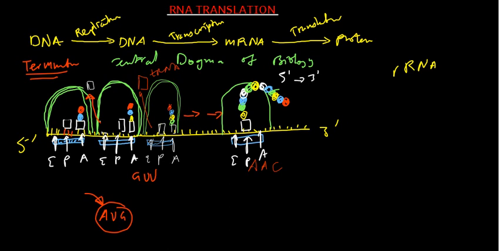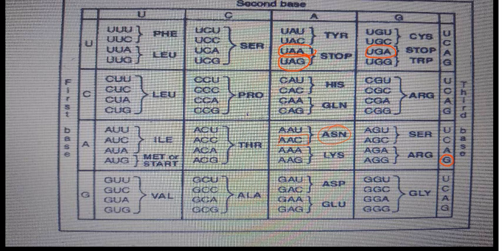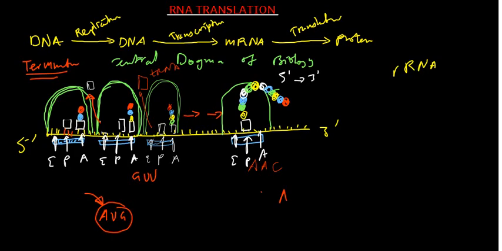When we reach the point where we have formed a very long chain, we find a reading in the A site. In the A site, when we find a stop codon, which stops this process, as we've seen from the genetic code, either UAA, UGA, or UAG, no tRNA recognizes any of these codons.